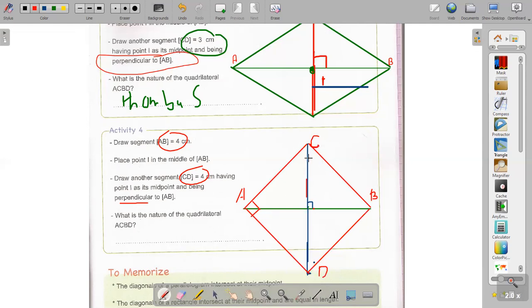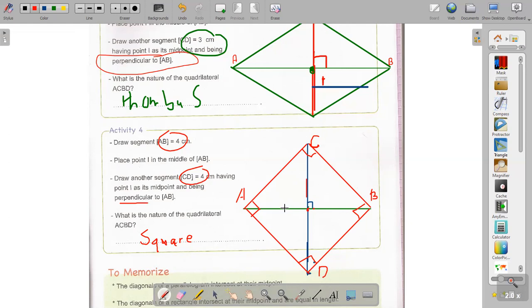If you bring the set square, these are perpendicular so they form a right angle. Okay, so it has 4 equal sides with 4 right angles. Who am I? I am a square. So it's a square. Now the properties of the diagonals here: both of them intersect at a midpoint. Both of them were 4 centimeters, meaning they are equal, plus they are perpendicular, they look like a plus.